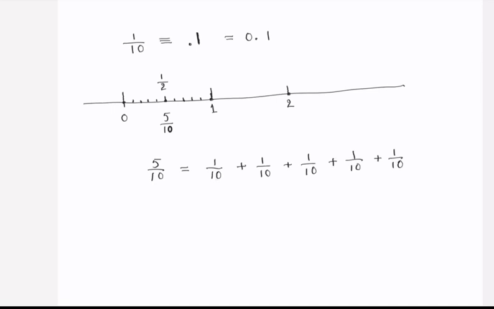Now, each of these 1 by 10s, we have agreed to write as, see, all these 5 put together, this is exactly 0.1 plus the second 1 by 10 is again 0.1 plus the third 1 by 10 is again 0.1.